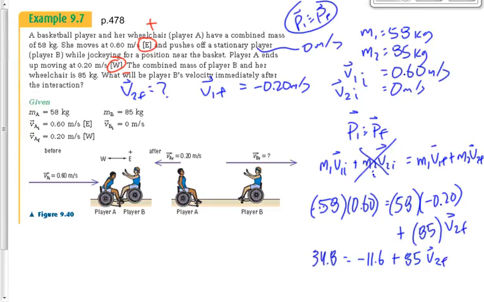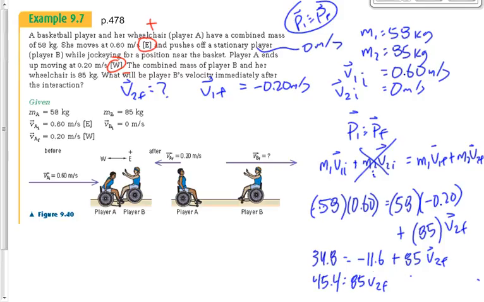Is it the 11.6 or is it the 85? The 11.6, yeah, good. It goes over by adding. So that becomes, what, 45.4? Positive 45.4?